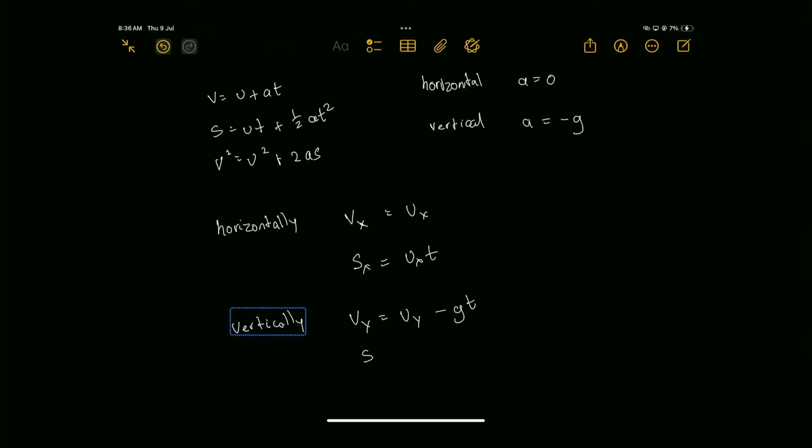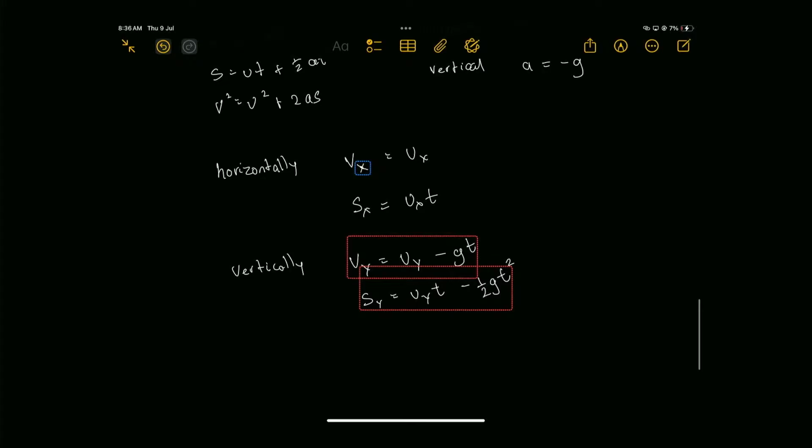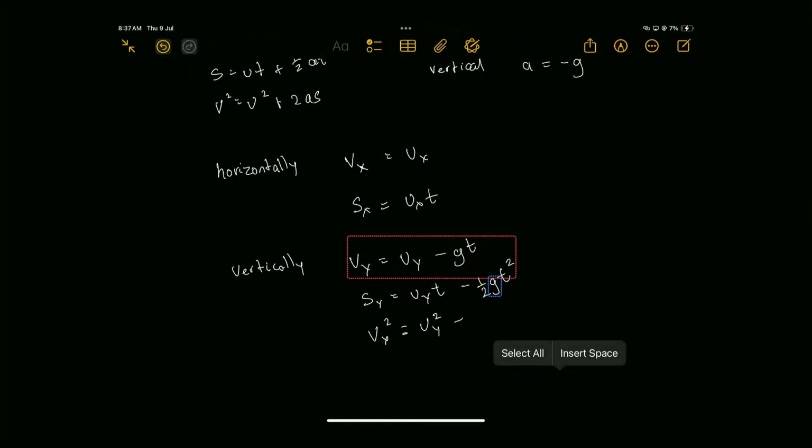We would have sy is equal to Uy t minus a half gt squared. We would have Vy squared is equal to Uy squared plus minus 2gs.